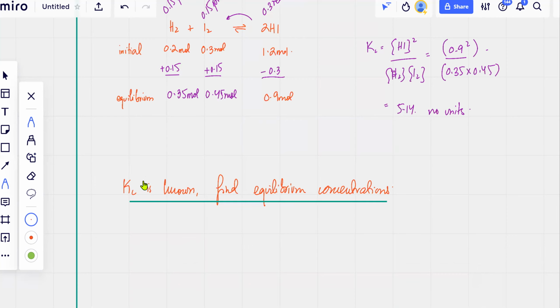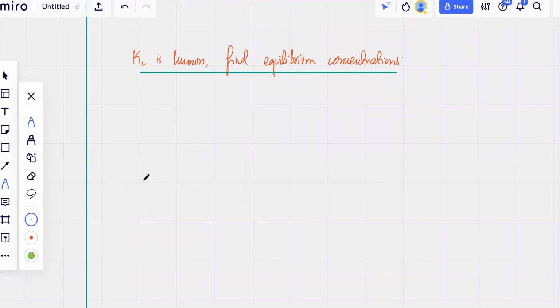And you have to figure out the equilibrium concentration. So, for example, you have a reaction in which again you have H2 and I2 reacting together, and they're forming 2HI. Now, what's given is that this is 0.2 moles, this is 0.2 moles, and this is 0.5 moles.